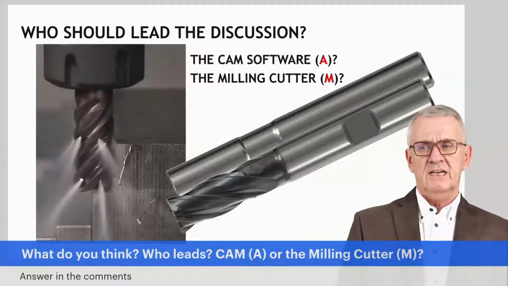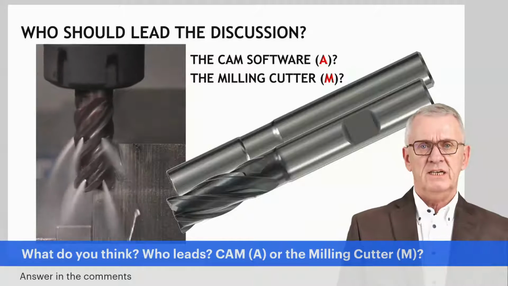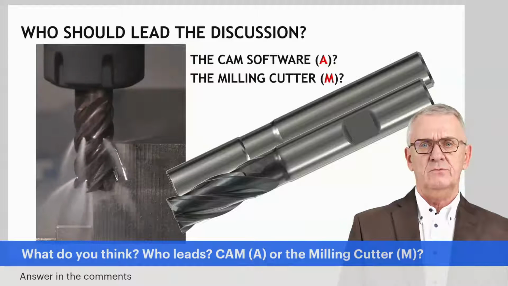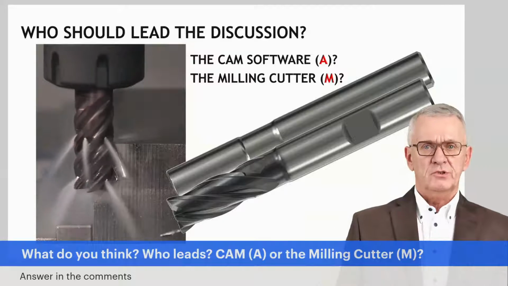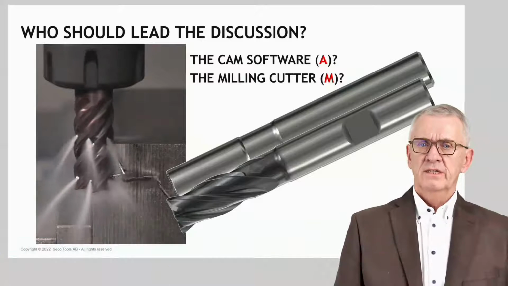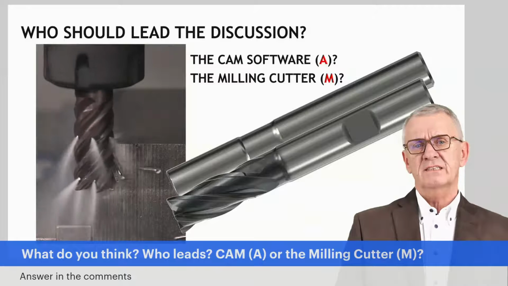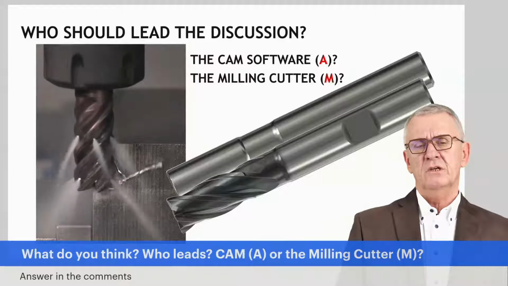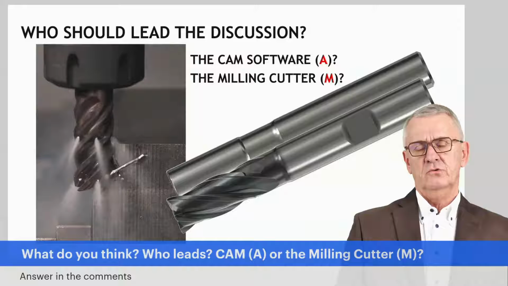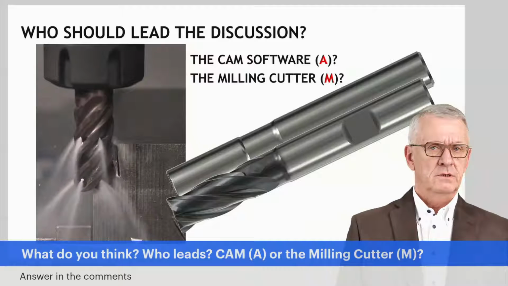CAM has to make sure that this cutter moves in a workpiece in such a way that we maximize the possibilities we have of the tool. Could be another approach. Here we have to bear in mind, however, that not every movement we would like to give to the milling cutter to maximize its performance is possible.